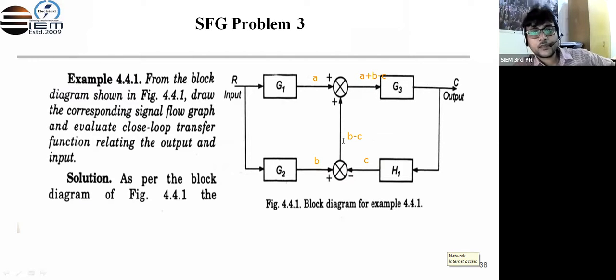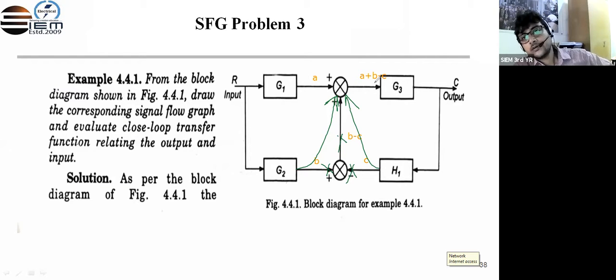Clear? Now instead of this, if I directly put this thing here, directly adding this value here, instead of doing this, then what is happening?